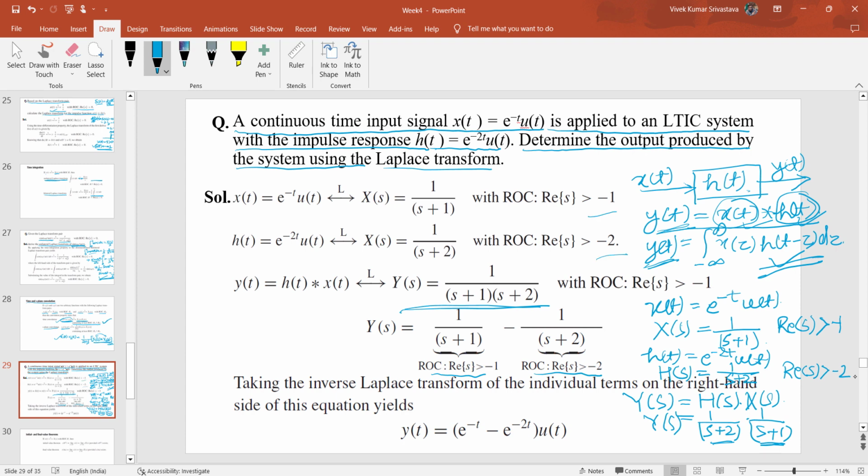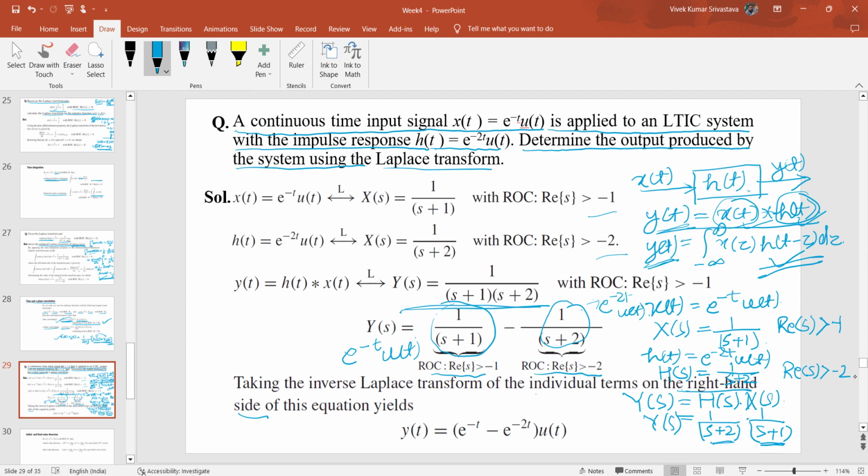Okay, so from here, if I am considering it is a right-handed signal, in that case the value of this Laplace transform is e raised to the power minus t into u(t), whereas for this one it will be equal to e raised to the power minus 2t into u(t).